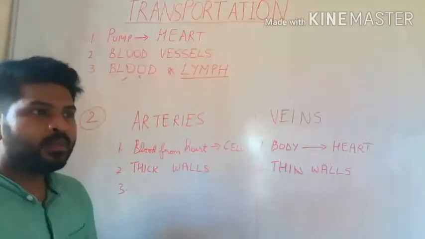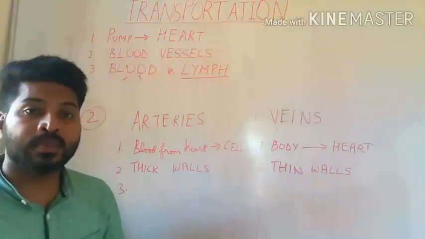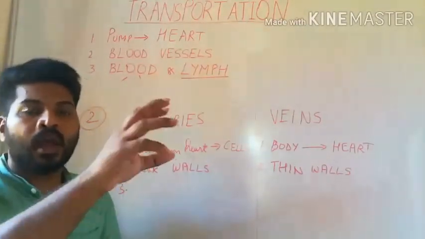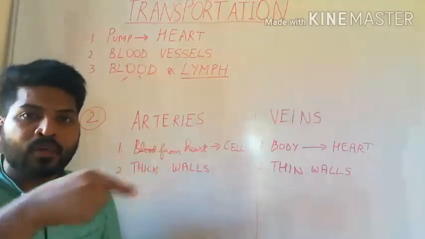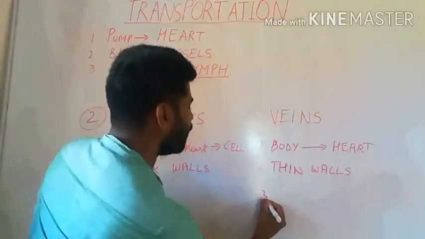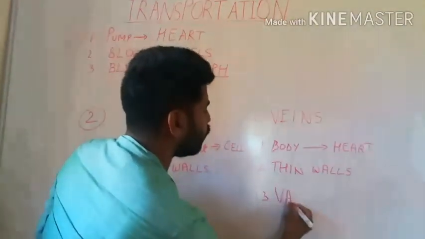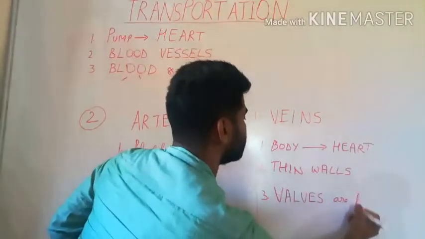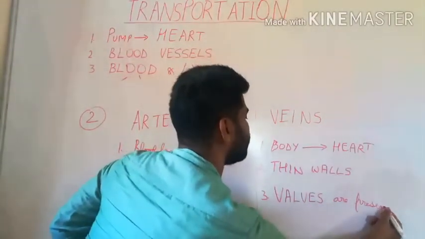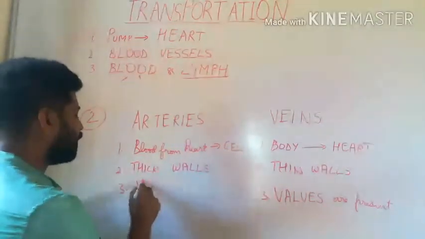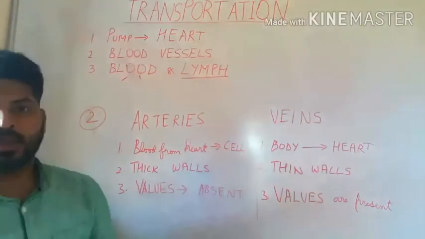Now, when the blood is being transported, especially when the blood is being carried from the body towards the heart, there should not be any backflow of blood. So, to prevent any backflow of blood, veins have valves. Valves will prevent backflow of blood, whereas in arteries, valves are absent.